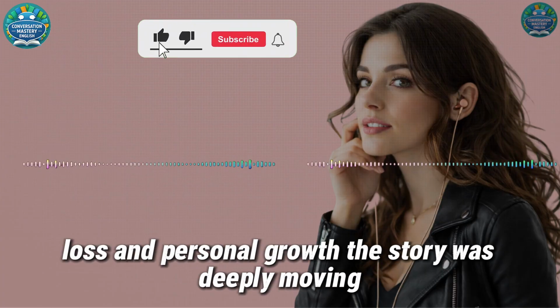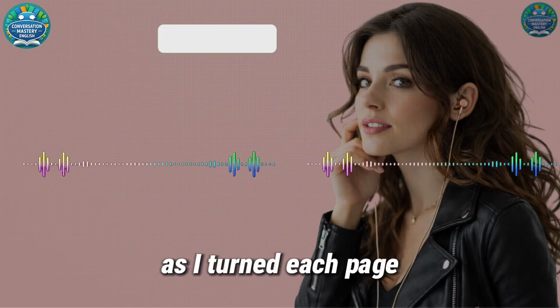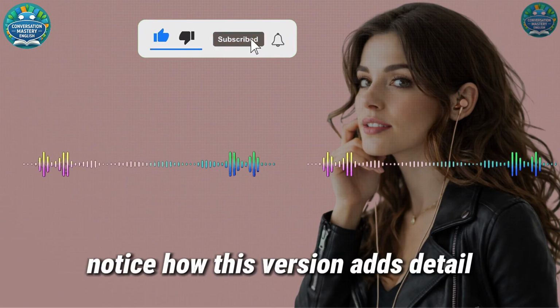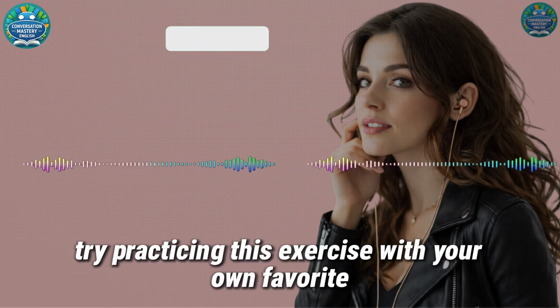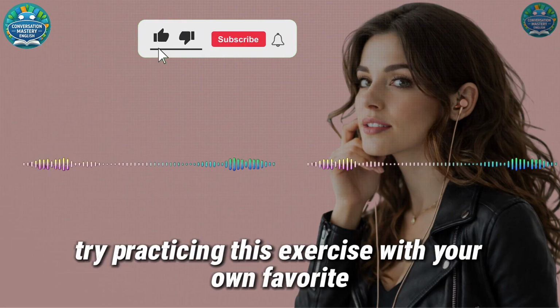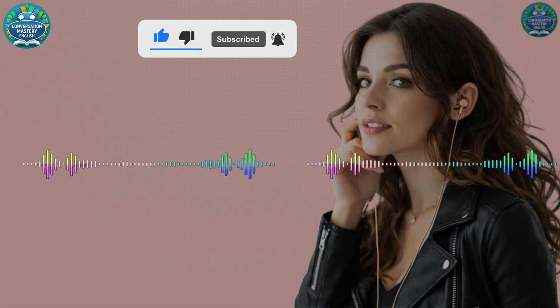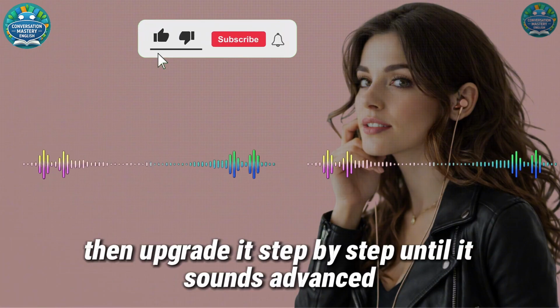The story was deeply moving, and I found myself reflecting on my own experiences as I turned each page. Notice how this version adds detail, emotion, and depth. Try practicing this exercise with your own favorite book, movie, or story. Begin with a simple sentence, then upgrade it step by step until it sounds advanced.